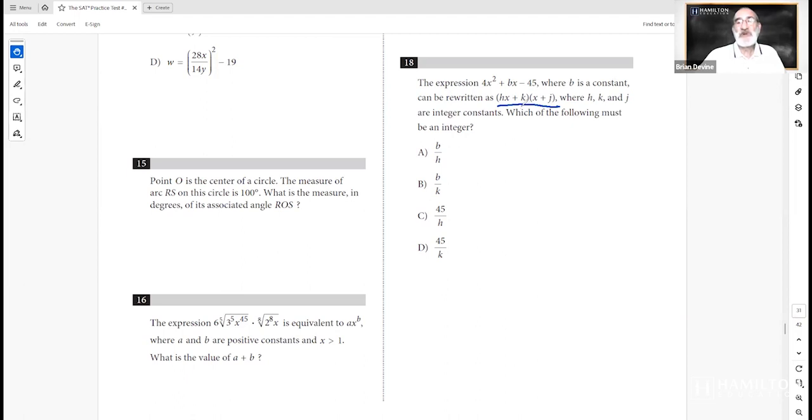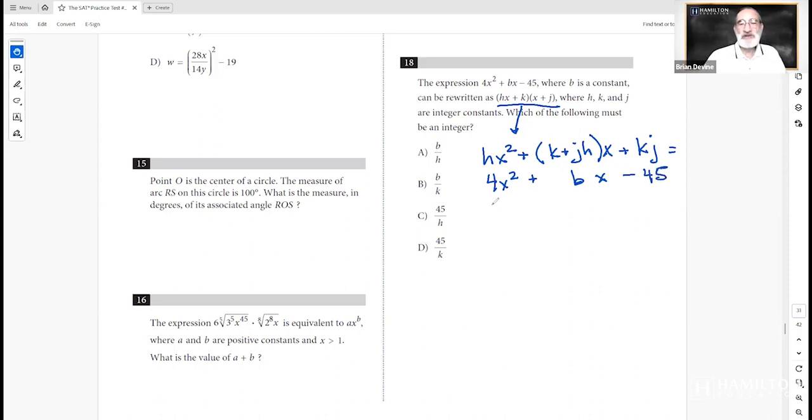Well, if I were to multiply this thing out, I'm going to get hx squared, and then I'd have plus k plus jh times x plus kj, and that has to equal 4x squared plus b times x minus 45.